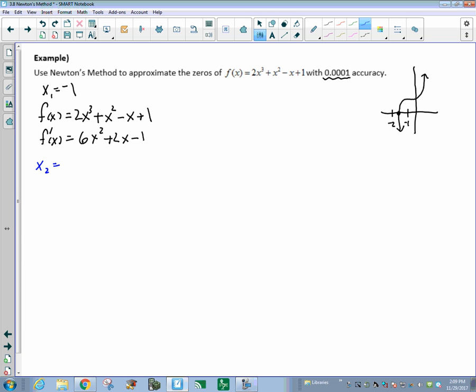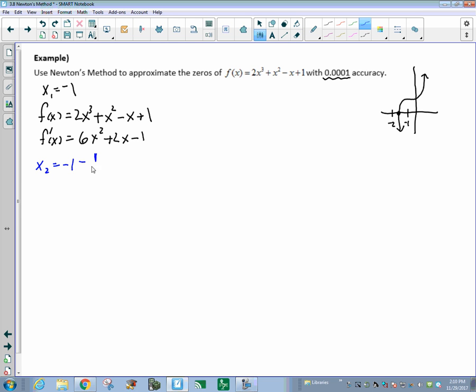And x sub 2 would be -1 minus, substituting -1 into the function, I end up with -1 over 2 when I put it into the slope equation. And when I calculate this value, oops, I did that wrong, sorry. I get +1. Sorry, I calculated that wrong.